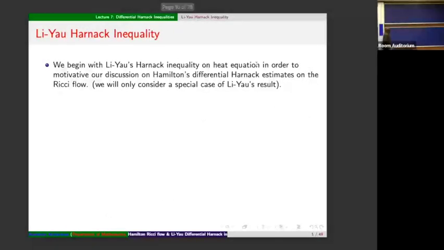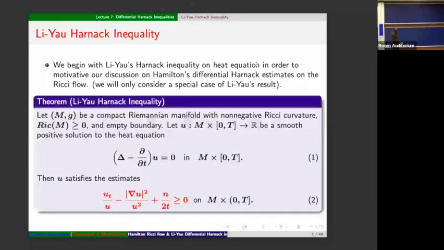So let's start with the Li-Yau Harnack inequality, with respect to the linear heat equation. This is the statement of the theorem. We start with M being a compact Riemannian manifold, without boundary, or if there is a boundary, we say the boundary is empty.